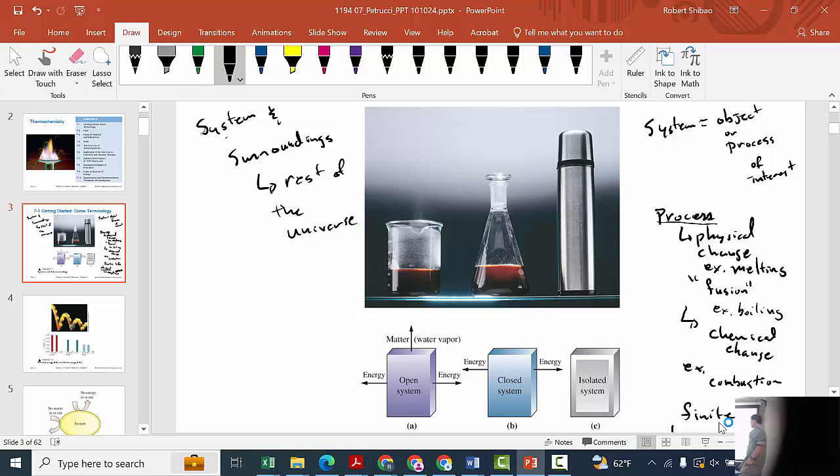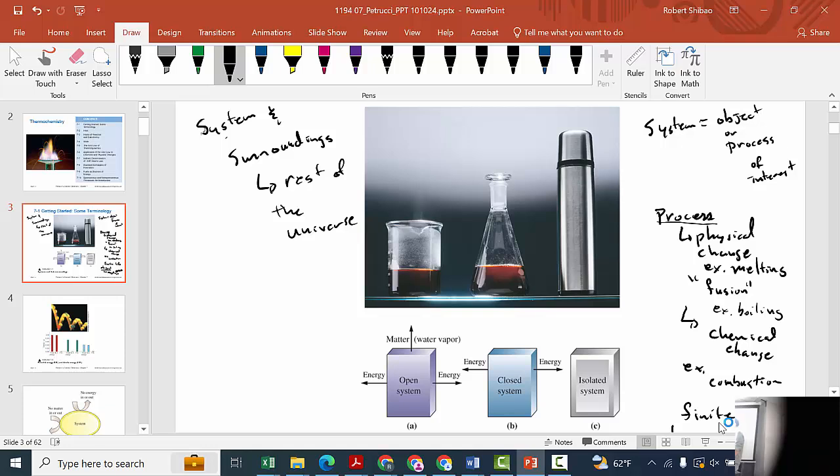So what we're going to do is have a sign convention, and the sign convention is going to be like money. Let's say you have a negative $10 debit on your account. That negative $10 debit means somebody else must have had a positive $10, the surroundings. And so we're going to do the same thing. If we lose energy, we're just going to give it a negative sign. It doesn't mean that there's negative energy. It just means that's the direction that the energy is lost.